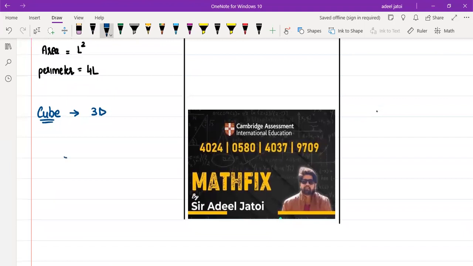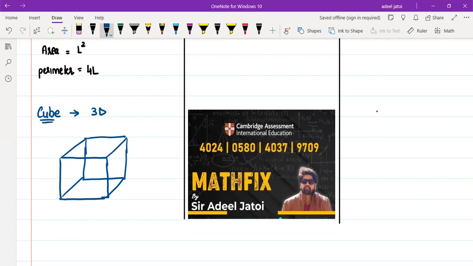Since it is the family member of square, all the sides of the cube will be the same, which means that if this is 6, then automatically all the sides will be 6. Because all the sides are equal, because it is the family member of square.